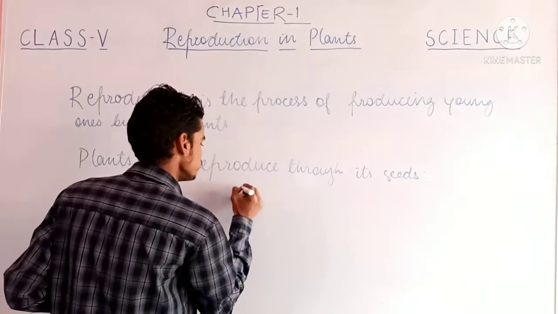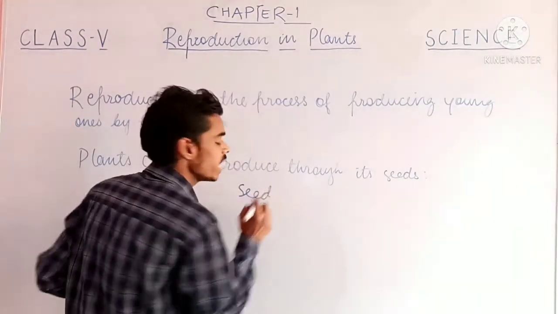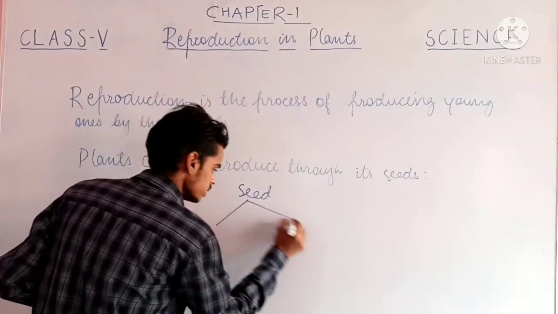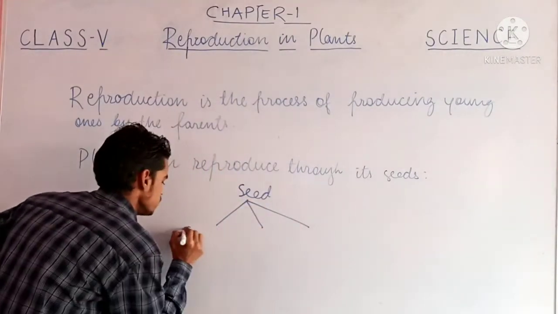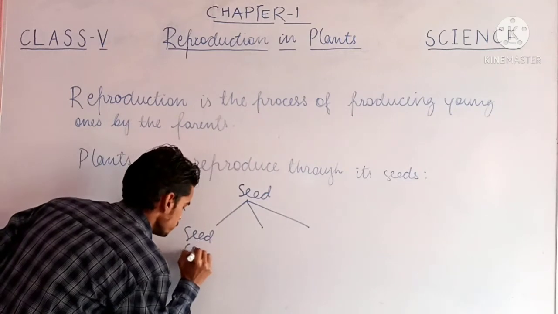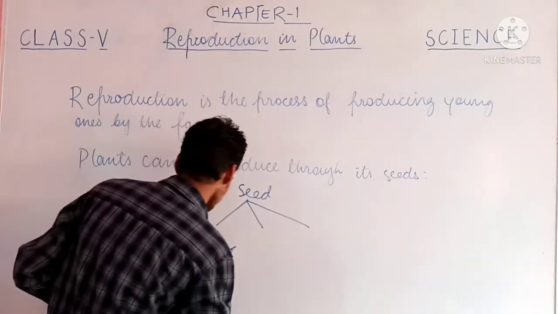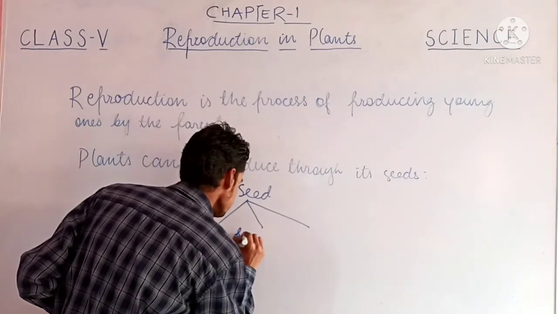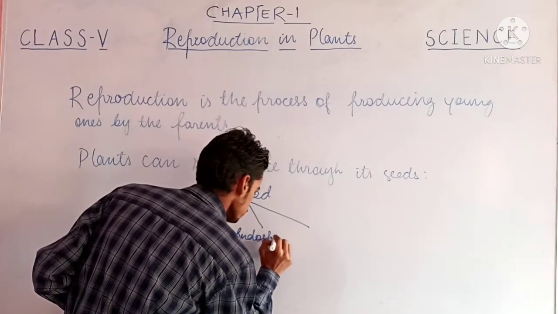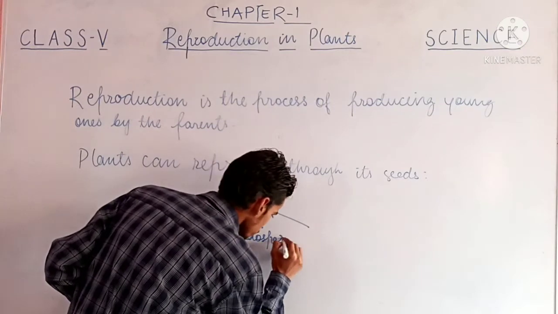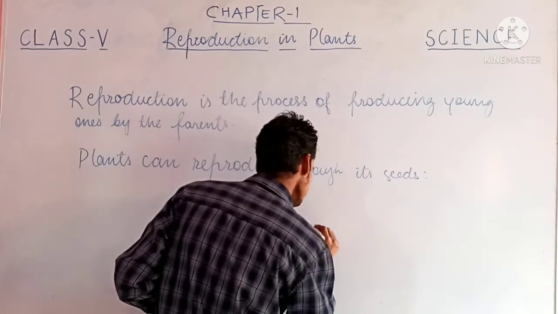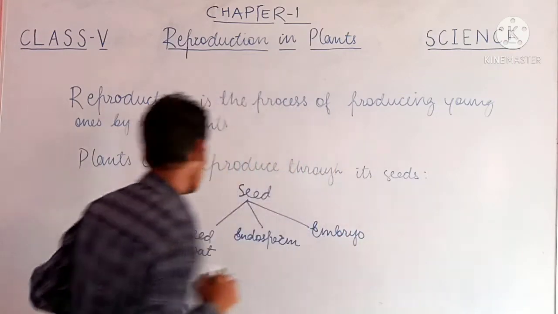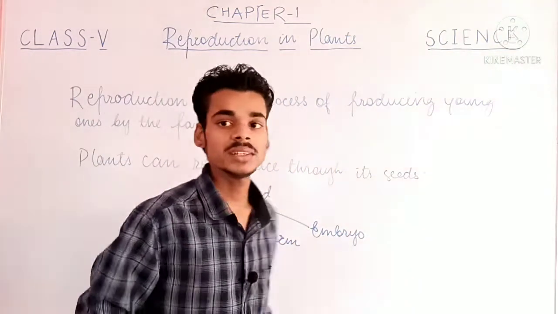A seed has three main parts: seed coat, endosperm, and embryo. We will discuss all these topics one by one.